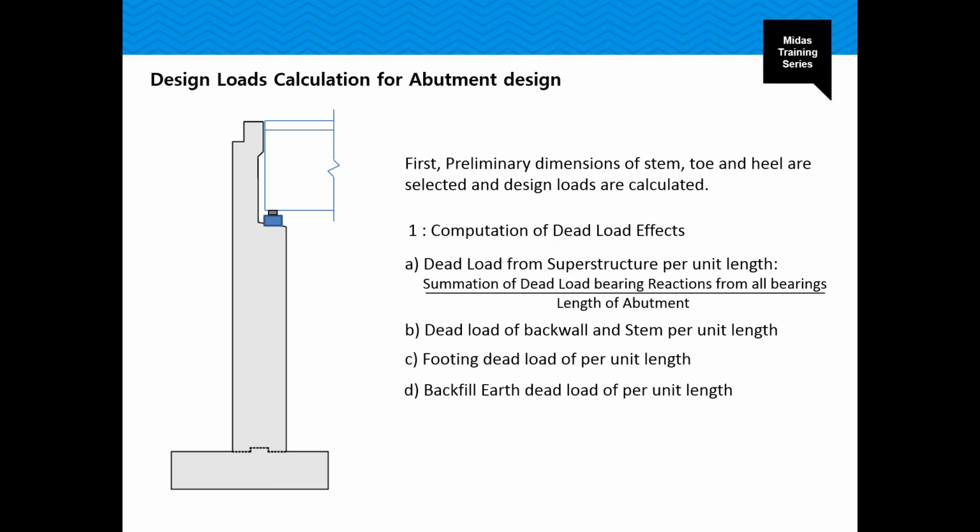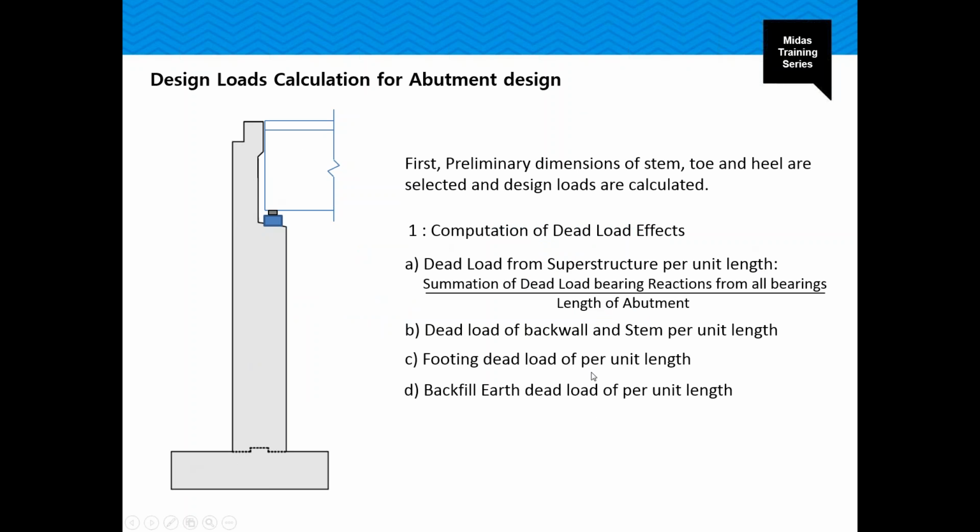So for the calculation of design loads in abutments, first we select preliminary dimensions for the abutments, the back wall, the stem and toe and heel of abutment. And then we compute the dead loads from superstructure.